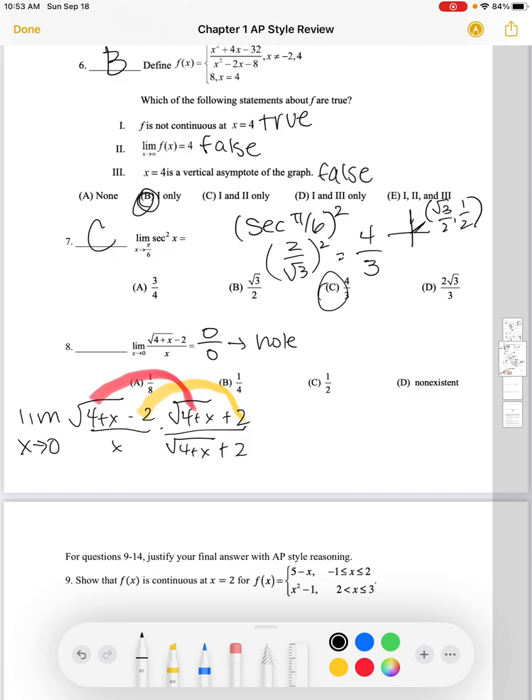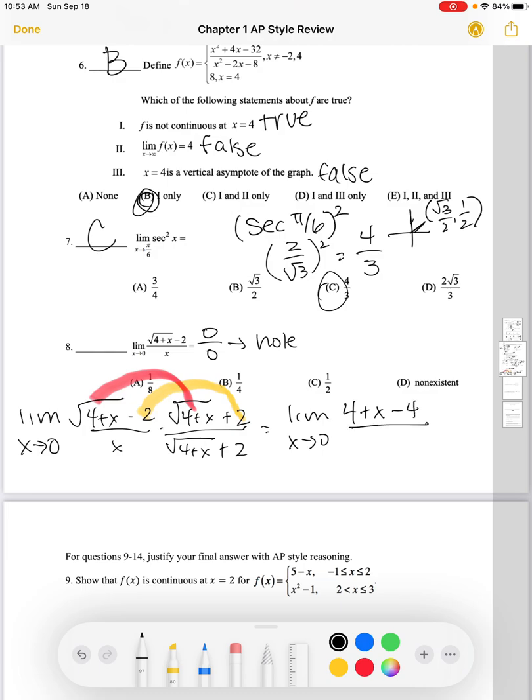So the first part of the numerator, we still have the limit because we're going to have an x still. Square root times the square root is going to cancel out to be 4 plus x. And then -2 times +2 to be -4, all over.